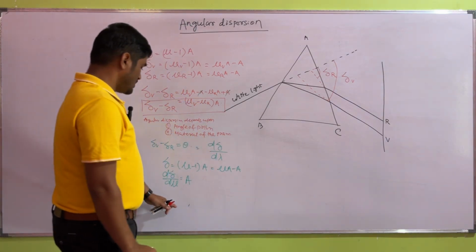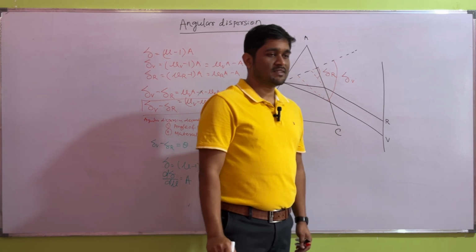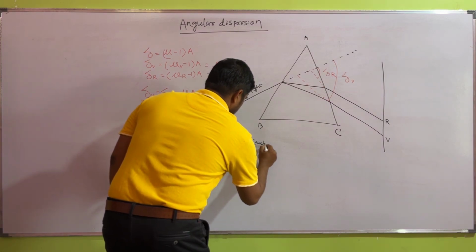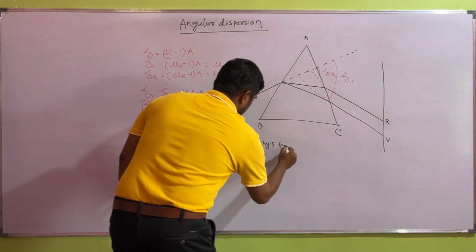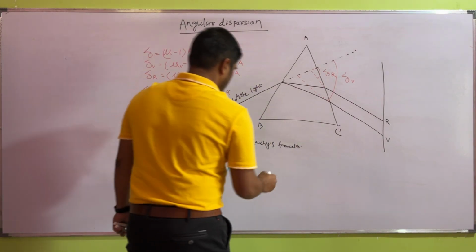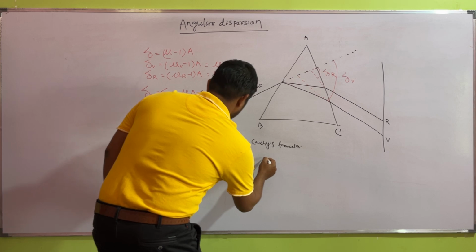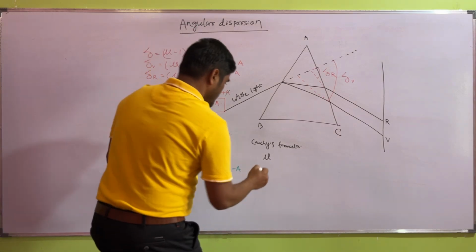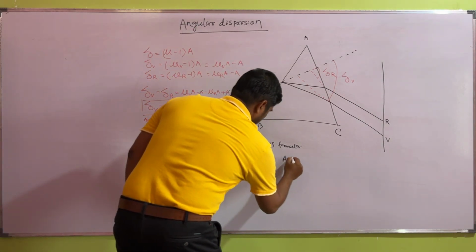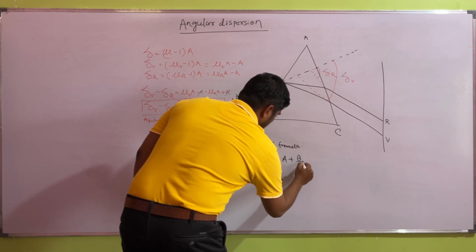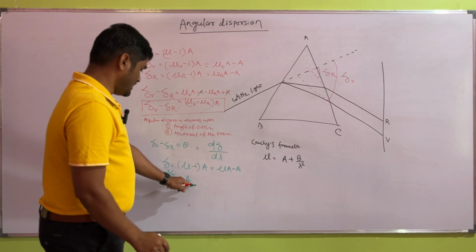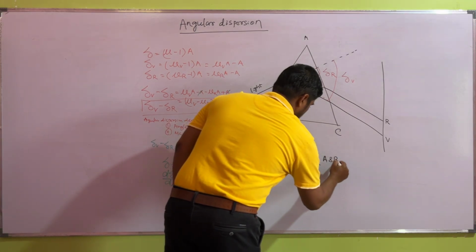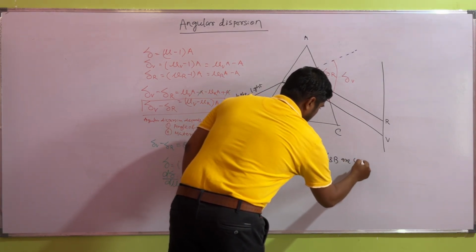Again, you know Cauchy's formula, for the wavelength lambda and the refractive index mu, mu is equal to A dash plus B divided by lambda square, where A dash and B are constants.